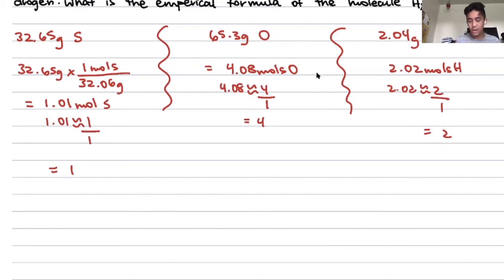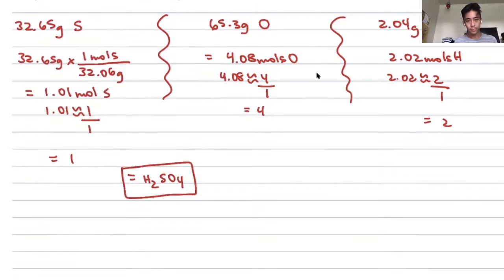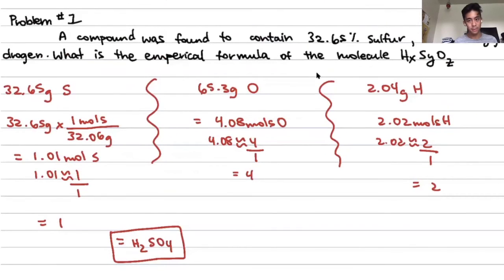So I know that this molecule has an empirical formula where H is going to have 2, O is going to be 4, and S is going to be 1. So H2SO4, and that would be my empirical formula. Okay? So that's how you want to do things.